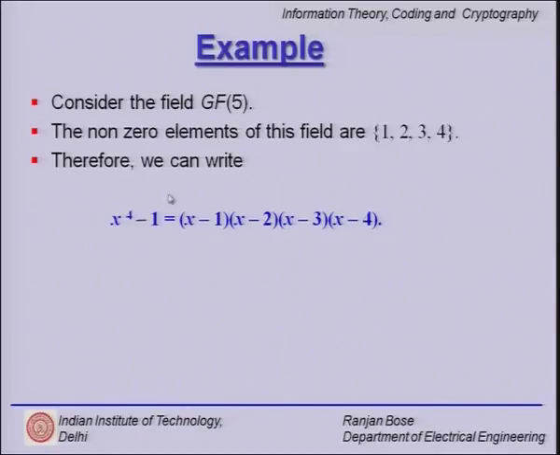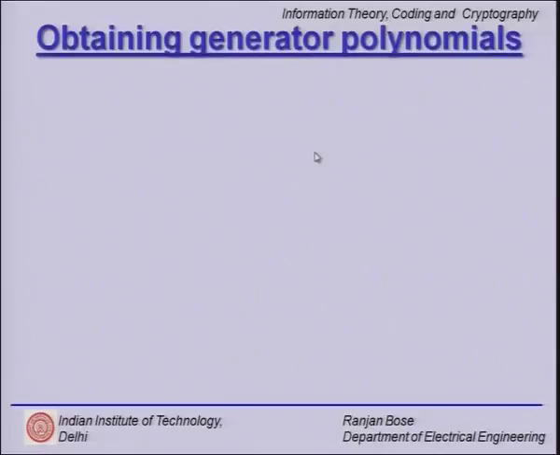What is q? q is 5, GF(q), GF(5). So, we have x raised to the q minus 1, which is x raised to the 4 minus 1. If I were to factorize x raised to the 4 minus 1, without any effort I can write it as (x minus 1)(x minus 2)(x minus 3)(x minus 4), the product of these. Why? Because I have covered all the non-zero elements of this Galois field.